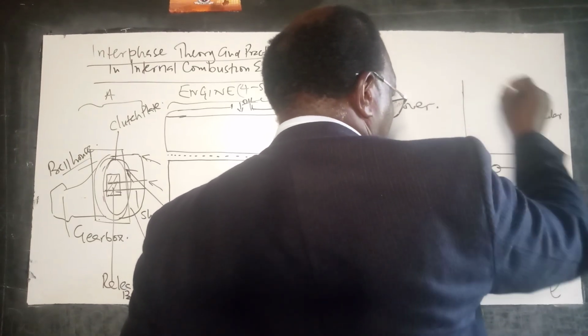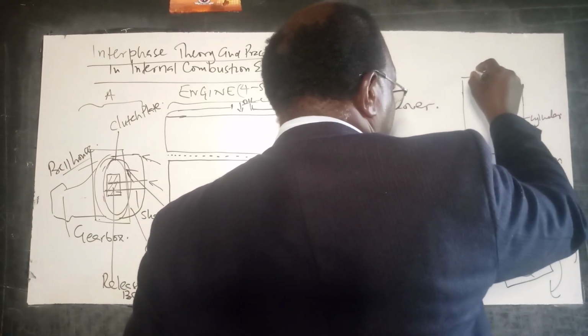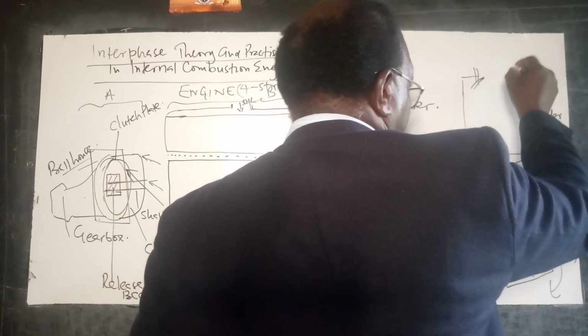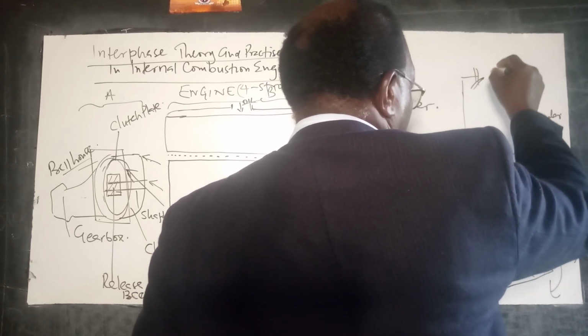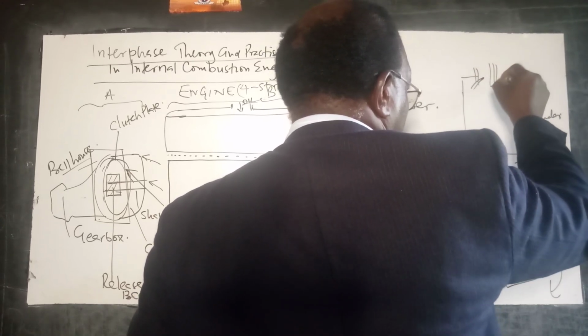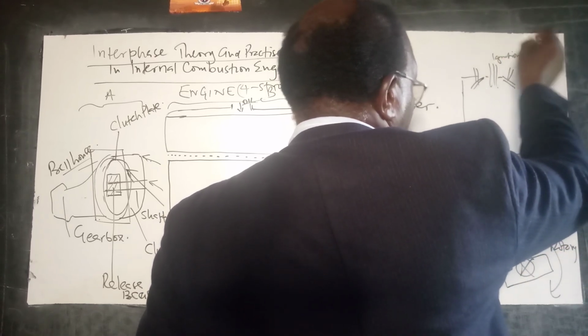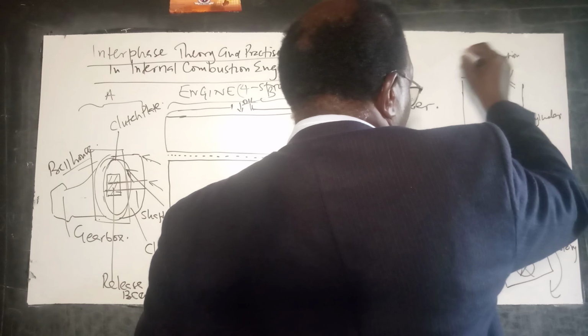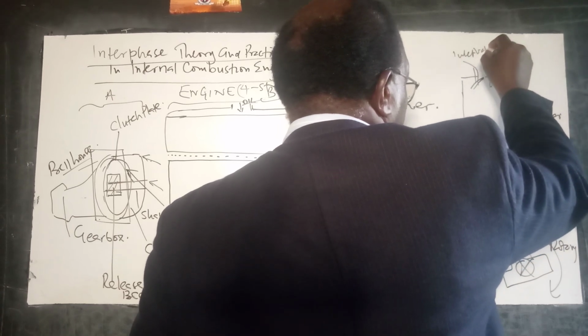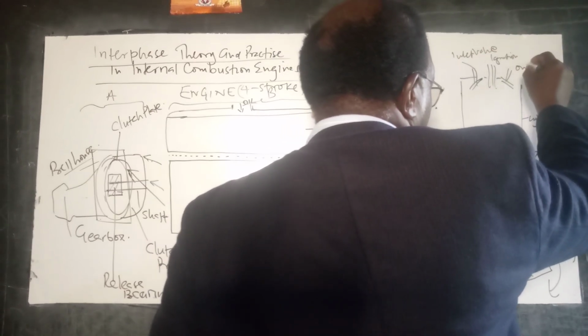Then, of course, we have our units here, where we have our valves. And of course, we have the ignition unit, whether spark plug or compression. Then we have our inlet valve and our outlet valve.